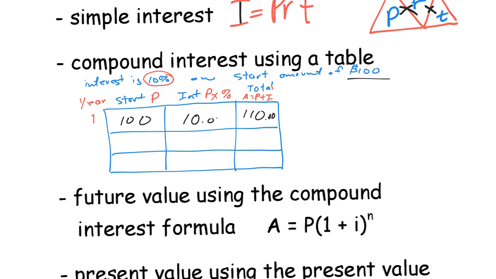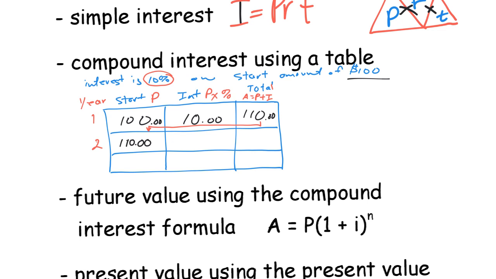So we're going to take that $110 and move that over to the beginning of the second year. Okay, so now we're going to use what we knew and start our new year. So $110. And then we have to multiply this number by the percentage, which is 10%, of 110.